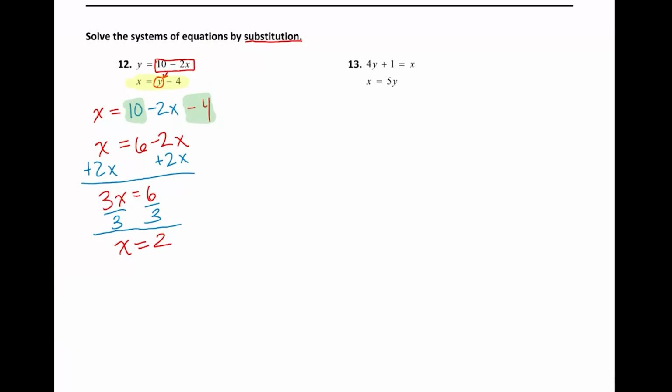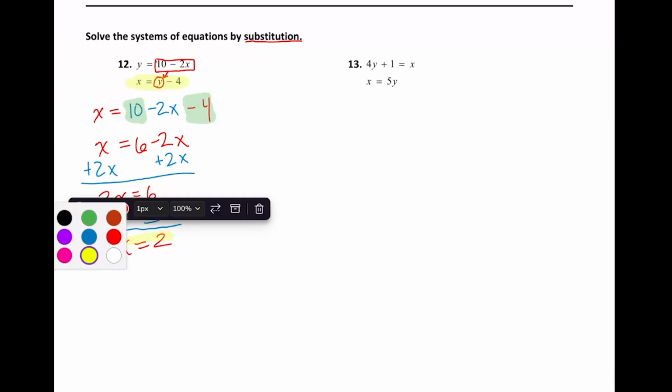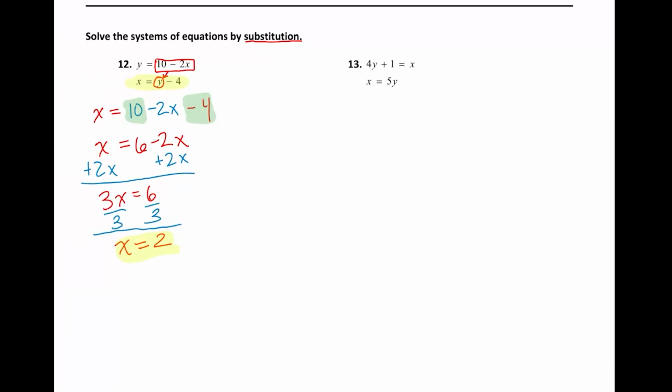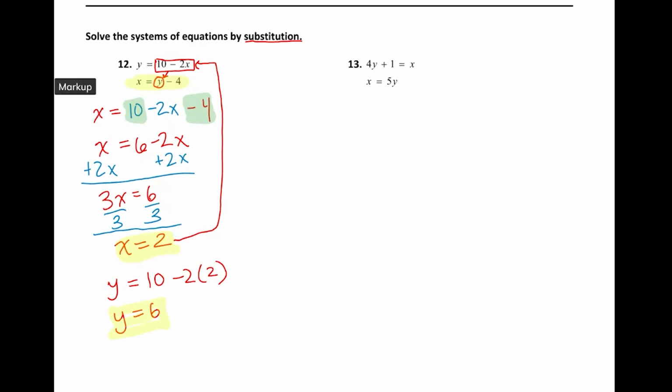So I'm going to take that value, x equals 2, which I just found, and substitute it back into that first original equation. So y equals 10 minus 2 times x, which is 2. 10 minus 2 times 2 is 4. 10 minus 4 is 6. So now I have my x, I have my y.